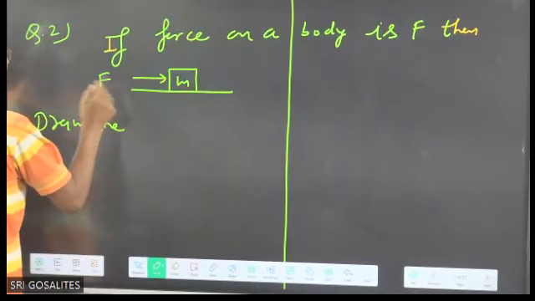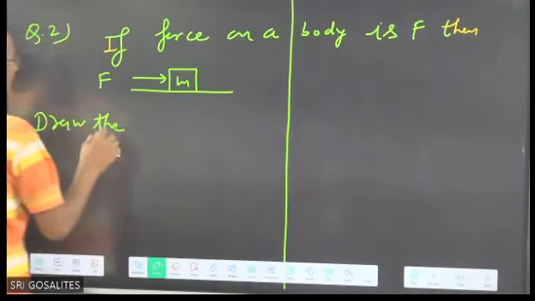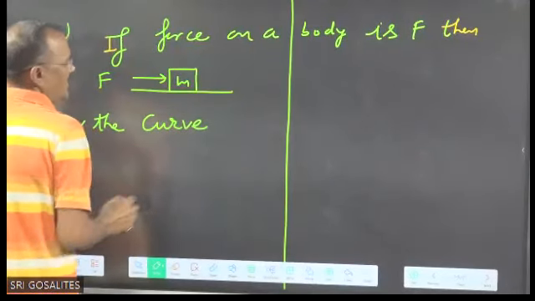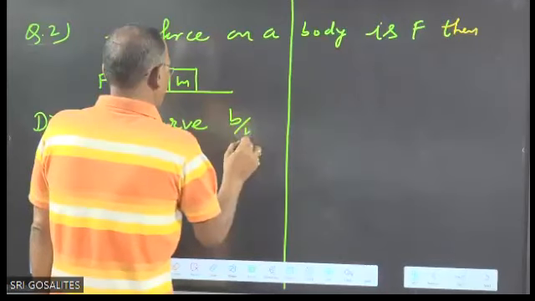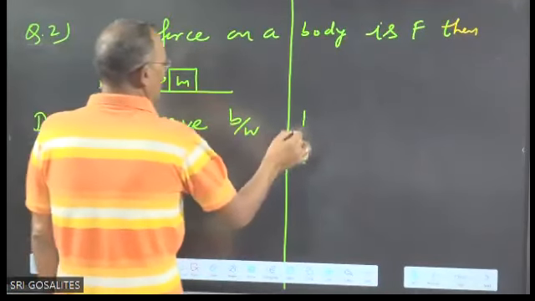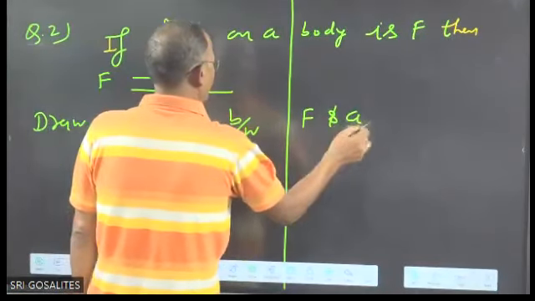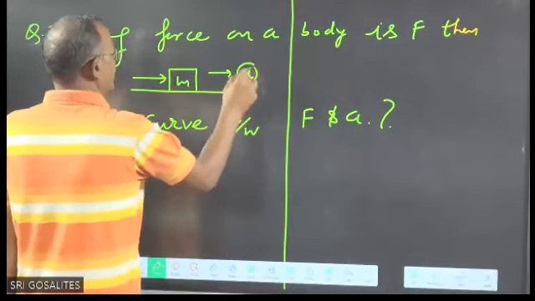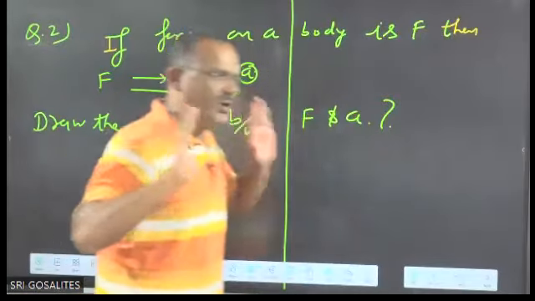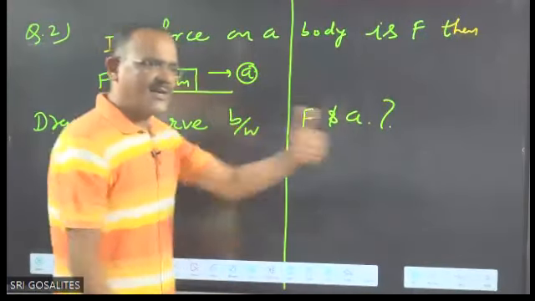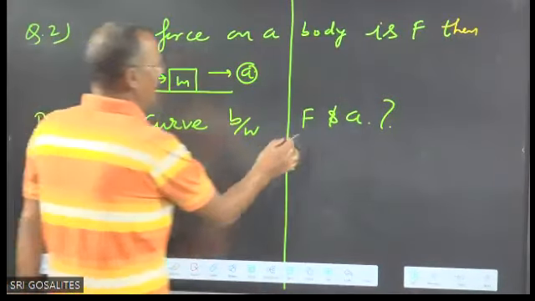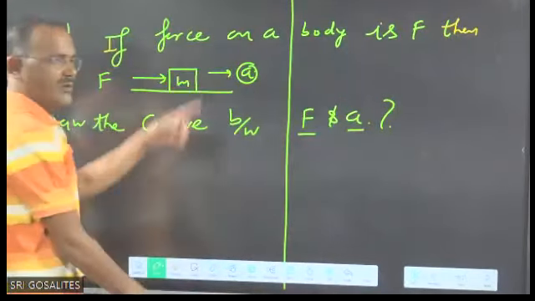We are applying a force of F. Then draw the curve between F and A. What is the A? Acceleration. You know, whenever you will push a body with some force, it will accelerate. Okay? So we want the graph between F and A. Note down the question.